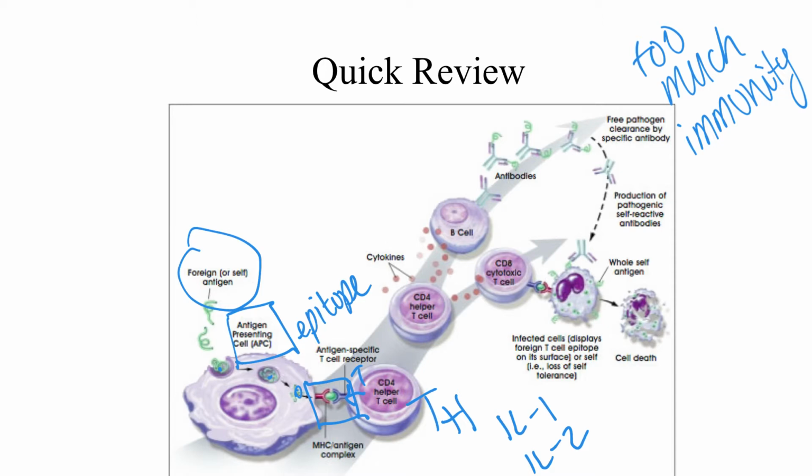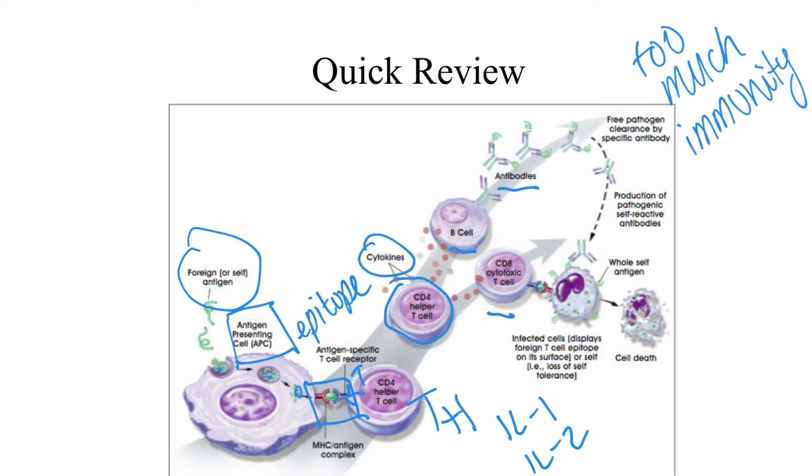When those cytokines are released, these cellular messages that are soluble and released into the bloodstream, we have the activation of two concurrent arms of the immune system. We have the cell-mediated, which is going to involve T cells, and we have the humoral side, which is going to involve B cells. So in this picture, we can see that the B cells are associated with antibodies.